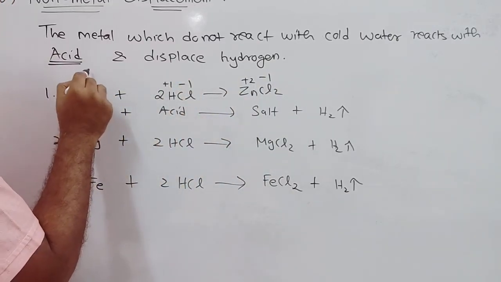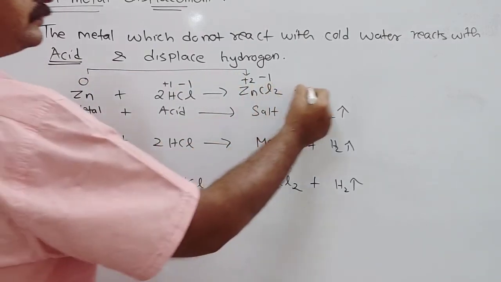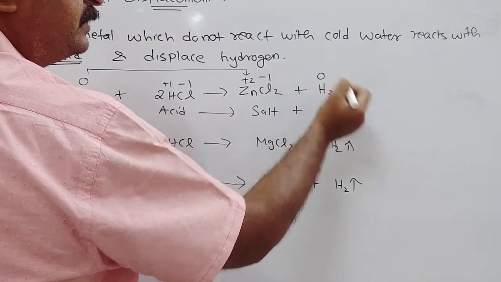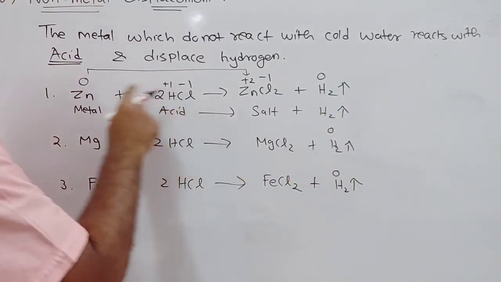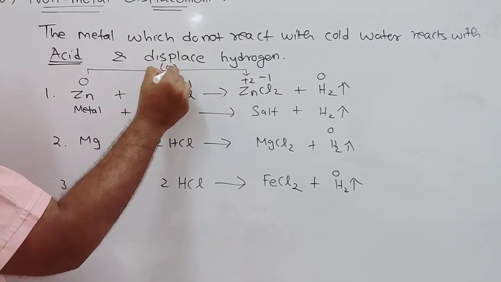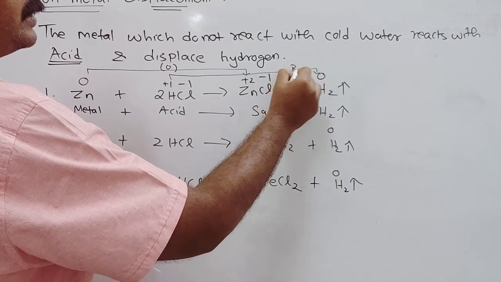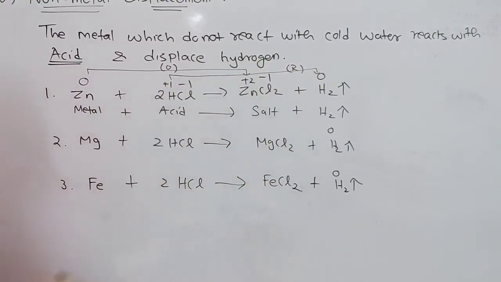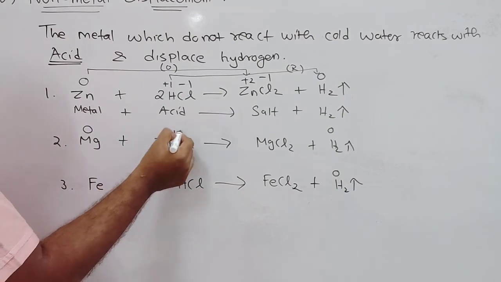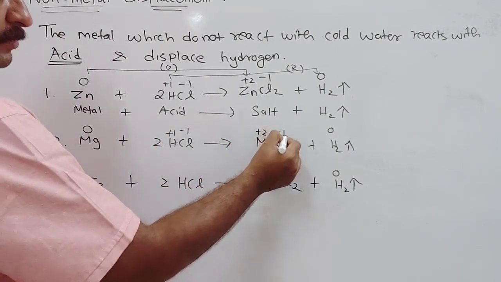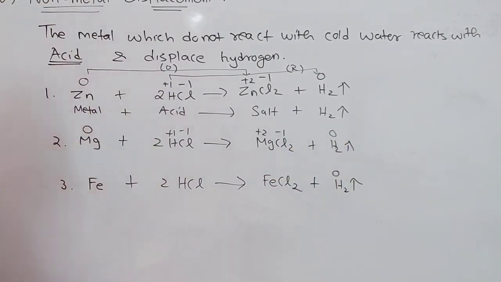So what happened in this case? If you see zinc, what happened to zinc here? Hydrogen will be 0, and this also 0. So zinc is oxidized and hydrogen is reduced, because it goes from plus 1 to 0. Same way, magnesium: plus 1, minus 1, plus 2, minus 1, and here 0, I have already written.